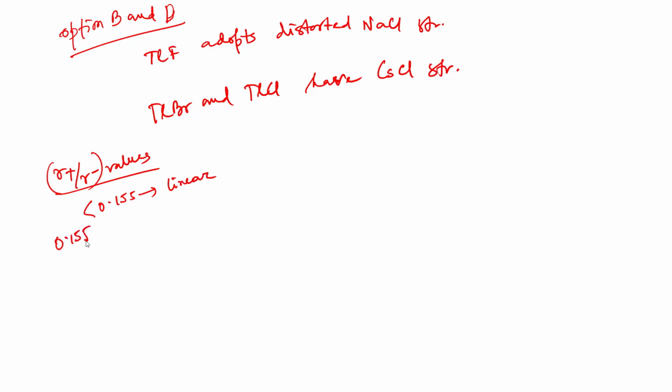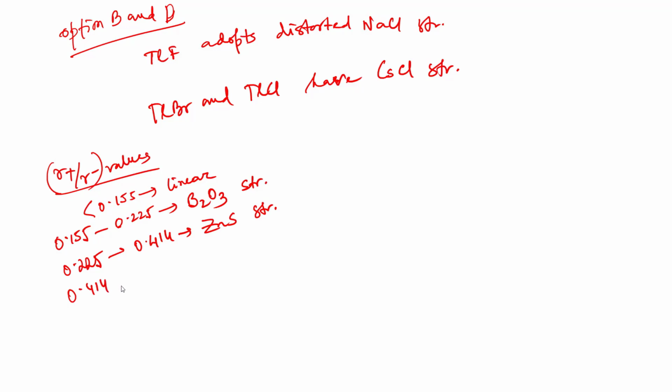If it is 0.155 to 0.225, then it will acquire the B2O3 structure. If it is 0.225 to 0.414, it acquires the ZnS structure. If the r+ by r- value is between 0.414 and 0.732, it acquires the NaCl structure. More than 0.732 will acquire the cesium chloride structure.